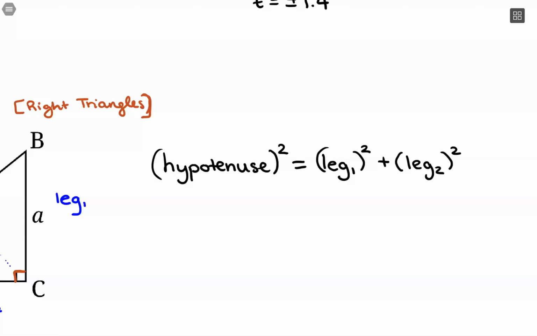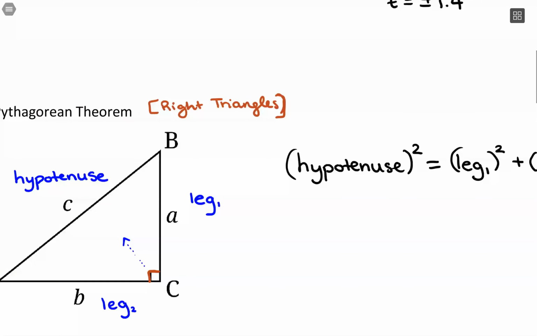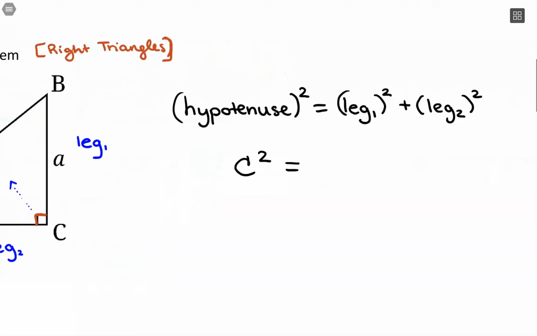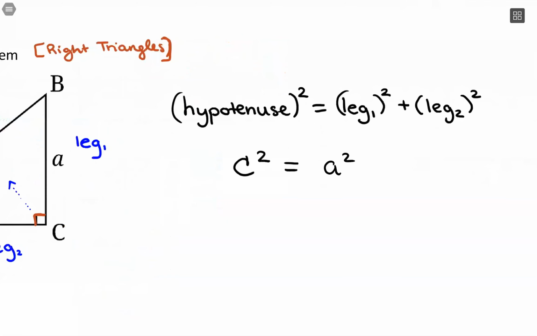The key piece here is having the hypotenuse squared all alone on one side of the equation, and then adding up the leg squared on the other side. For short, as you've probably seen this formula before, we'd have hypotenuse squared equals leg squared plus other leg squared, and whatever value you're plugging in for c must be the hypotenuse. It must be the longest side length that you're working with.